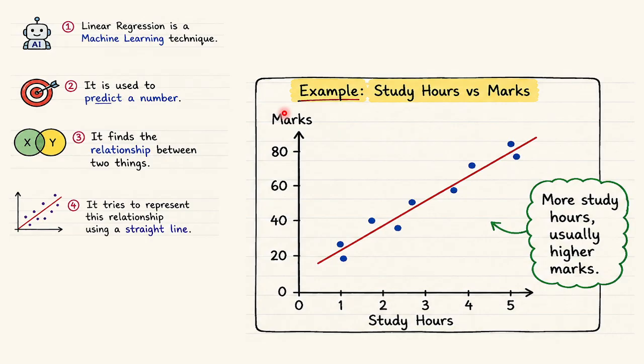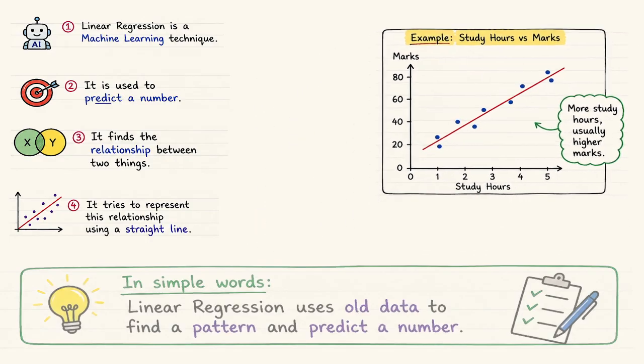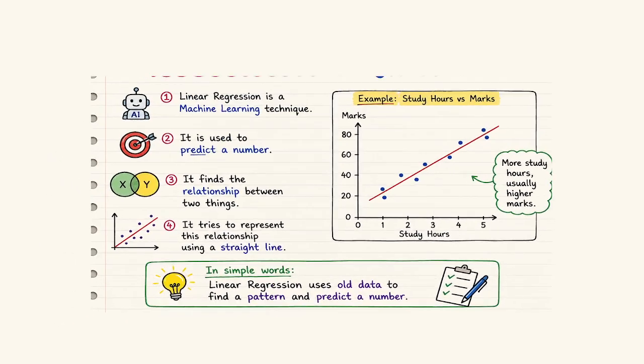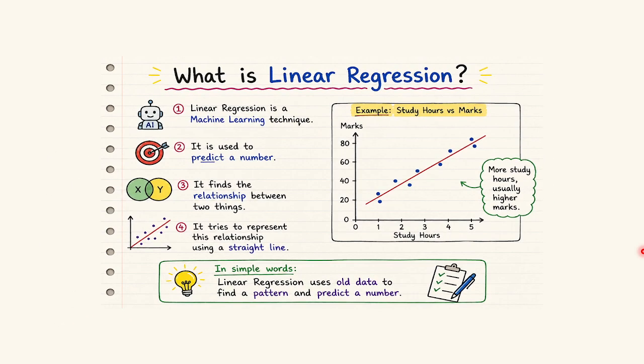This is basically how linear regression works. As we move ahead in this video, all these concepts will become clearer. So don't worry if you think this is a little bit complicated. This is about the very basics of linear regression.